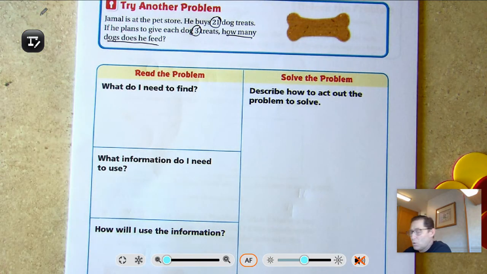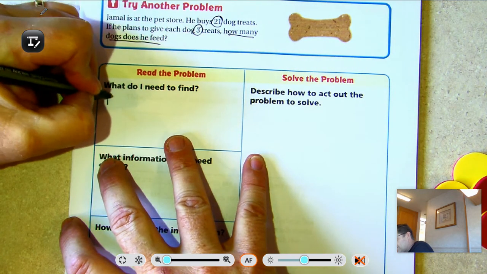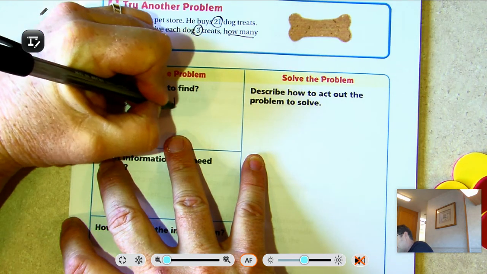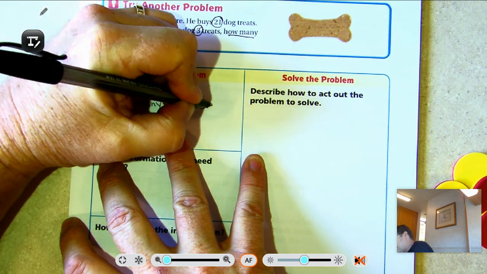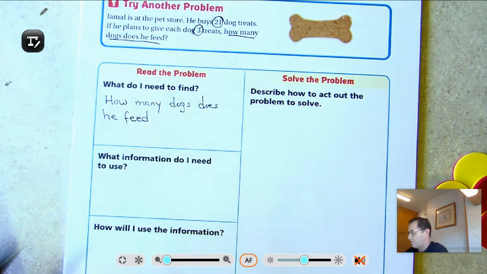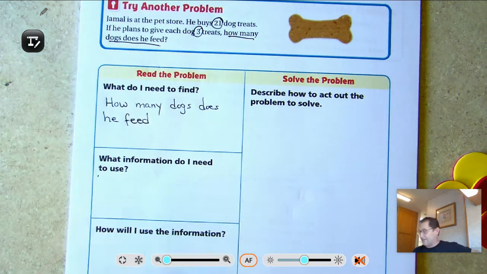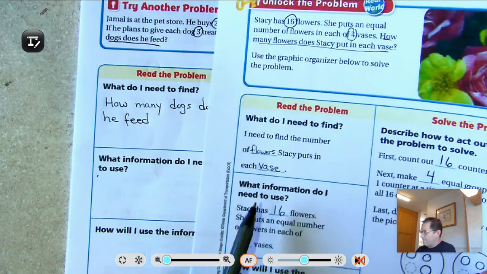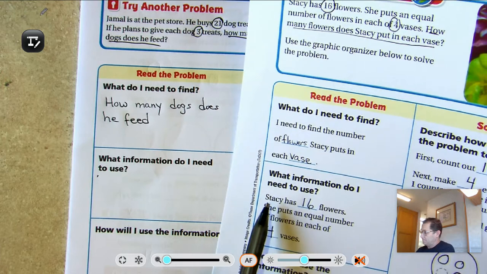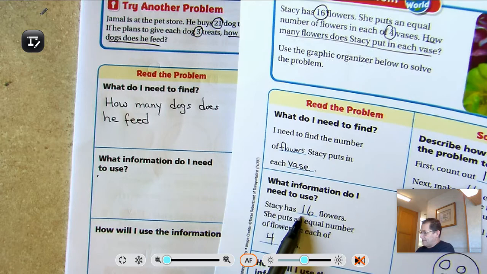Okay, so what do I need to find? I need to find how many dogs he feeds. Okay, what information do we need? Well, let's look at the other one. What information did I need? Stacy has 16 flowers.